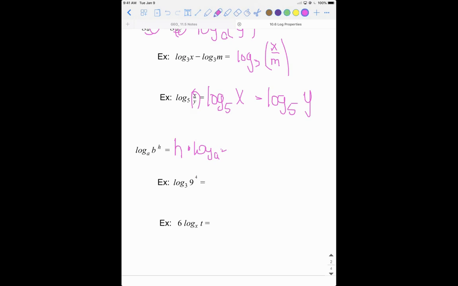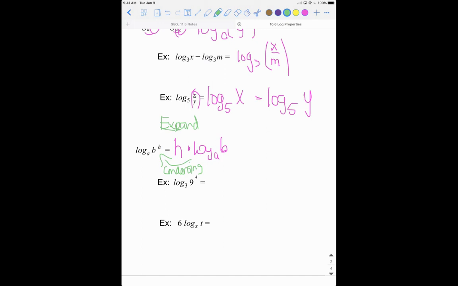The way that we looked at it when we had b there, this direction would be expanding. And if we went back this direction, that would be condensing. It's a little harder to see which one's which in this case compared to the previous example with the addition, multiplication, subtraction, division.